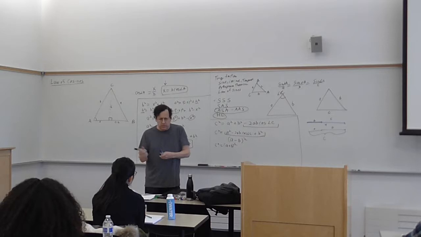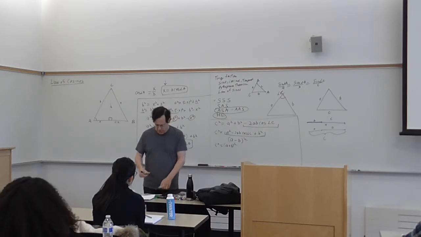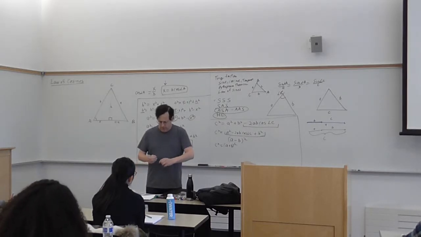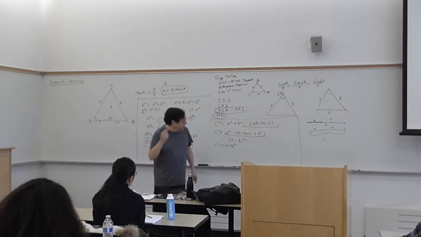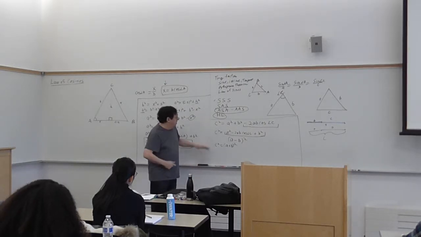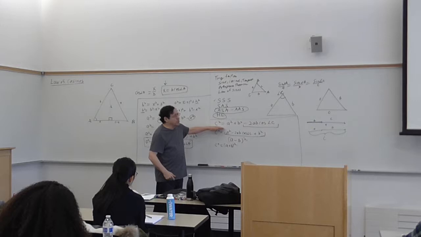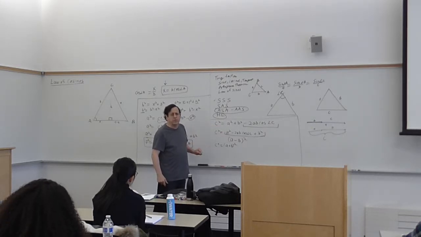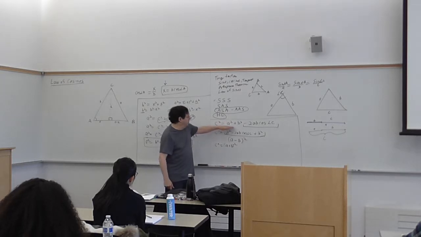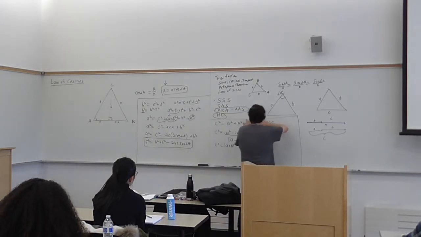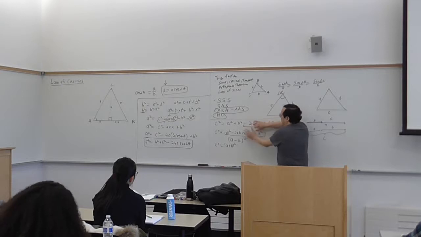Okay, any questions about this? This is like the law of sines. This is a formula definitely worth memorizing, although I would suggest you take advantage of the fact that it looks a lot like the Pythagorean theorem.